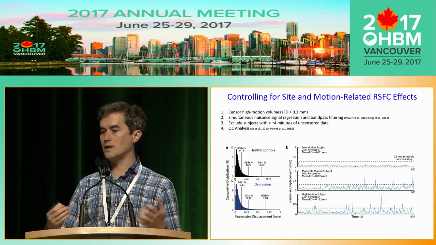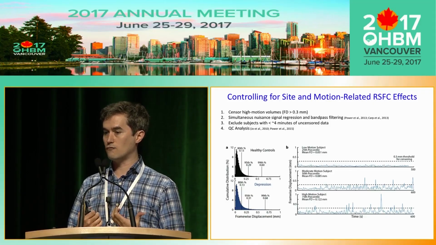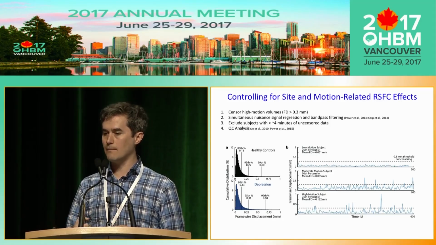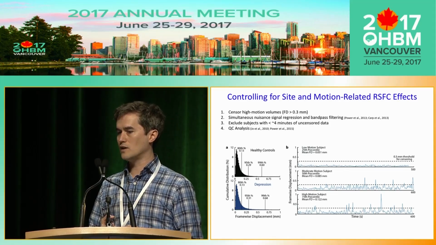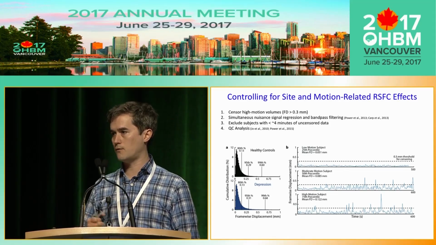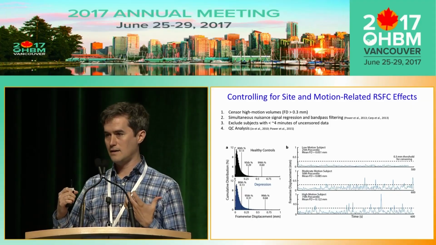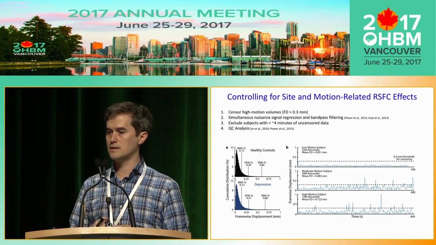And then we end up excluding subjects altogether if the amount of data that is remaining after censoring is less than about 4 minutes in our data. I think there's good data out there to suggest that even a little longer would probably be good for robust detection of these low-frequency oscillations and correlations across brain regions.